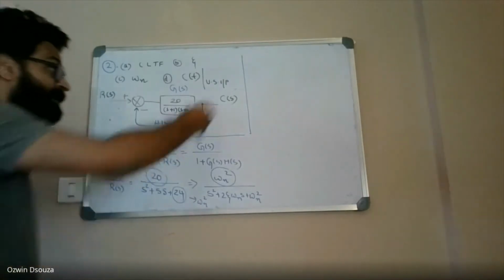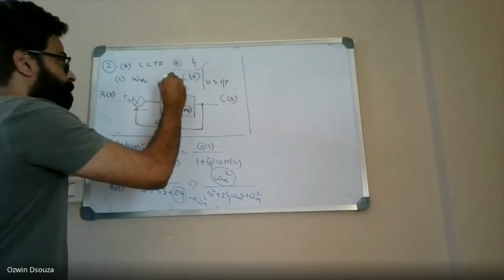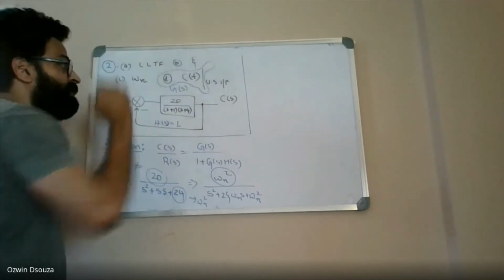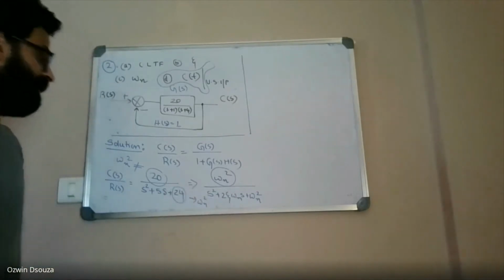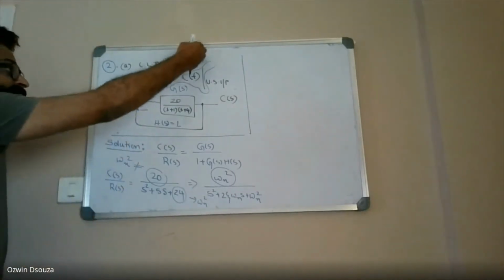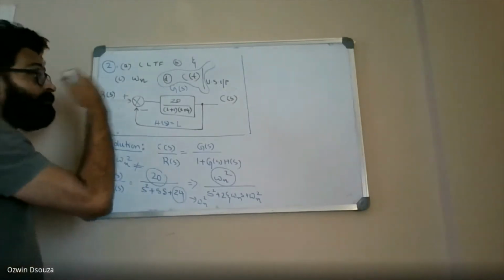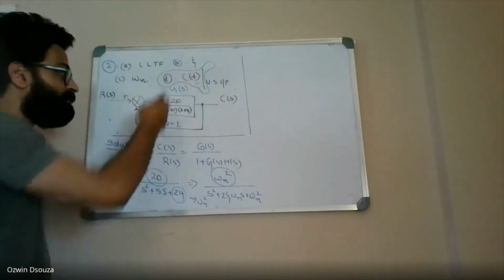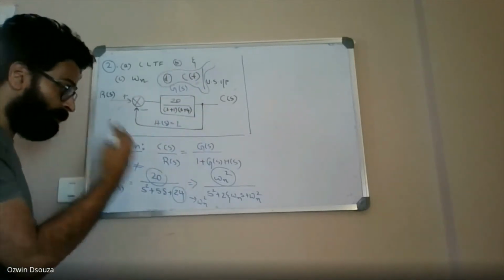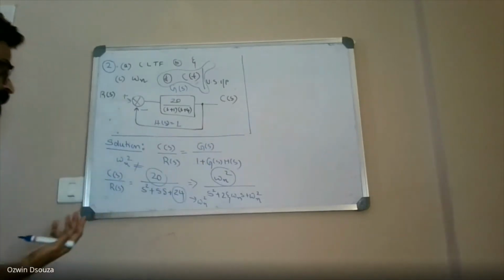So directly you cannot write the expression for C of t. Of course, you can compare the denominator and extract the zeta, omega n values. But when it comes to the closed loop response C of t, you cannot use the standard formula unless you convert this given system into the standard form. So how do I do it?